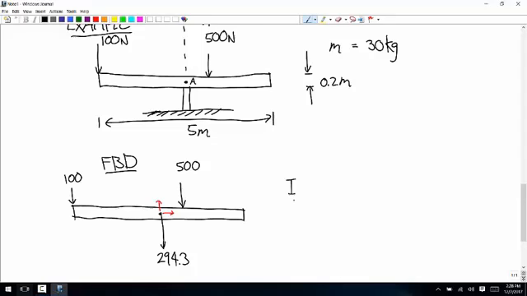So mass moment of inertia. The axis in this case is at the center of that rectangle, so we're just going to use 1/12 times the mass times 5 squared plus 0.2 squared.